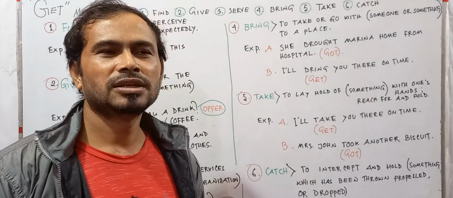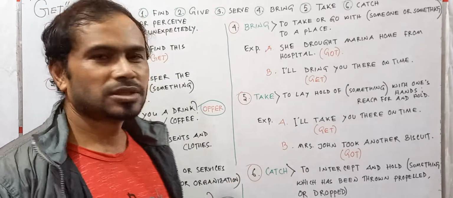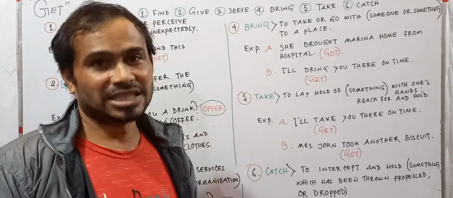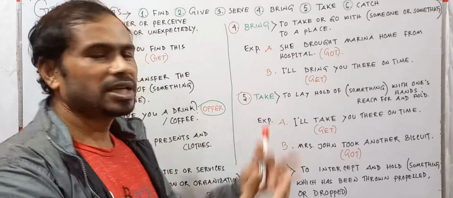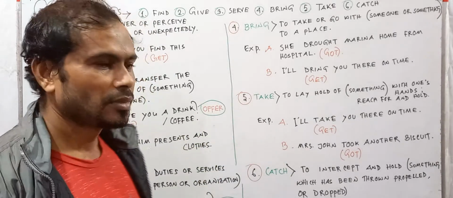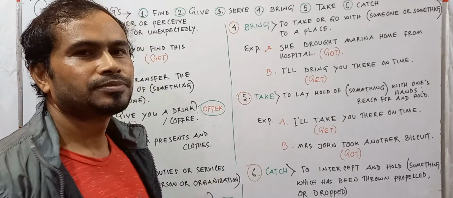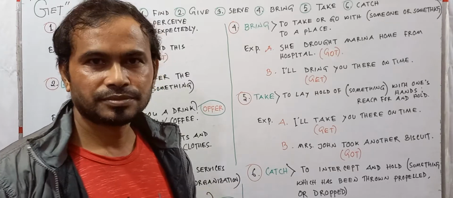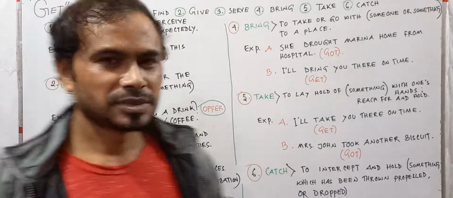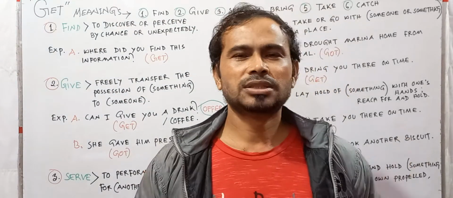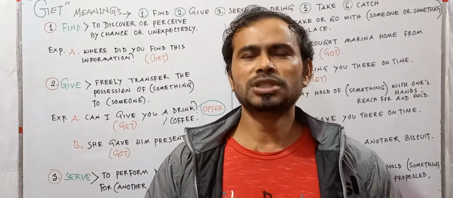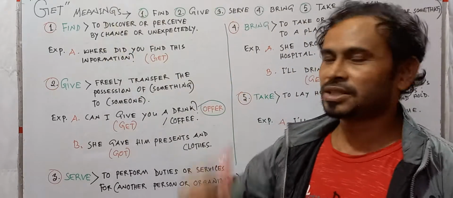Instead of using catch, we can use get. We can say get him. We can also use get the thief. Okay, so friends, I think you got lots of important information about get.